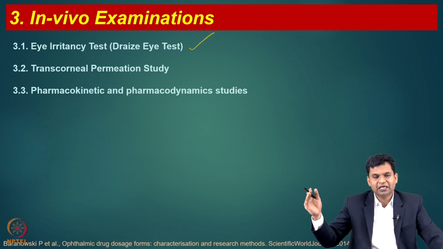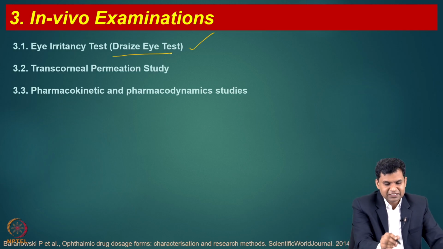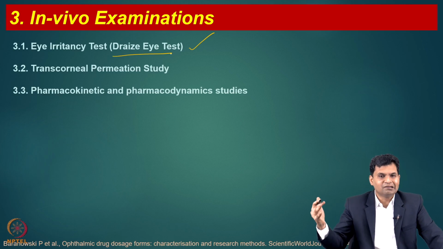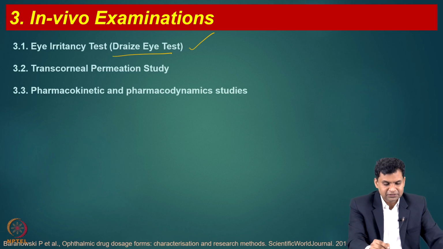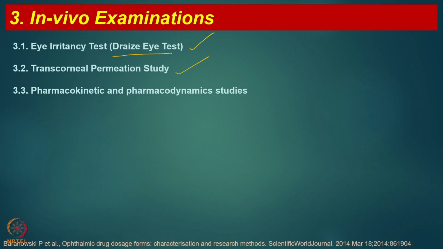We do it even for various types of topical and transdermal patches. This is the skin irritation test, or you can say the modified Draize eye test, and the transcorneal permeation study, and also pharmacokinetic and pharmacodynamic studies are there in the in vivo examination.